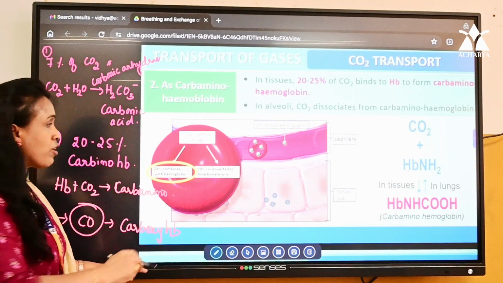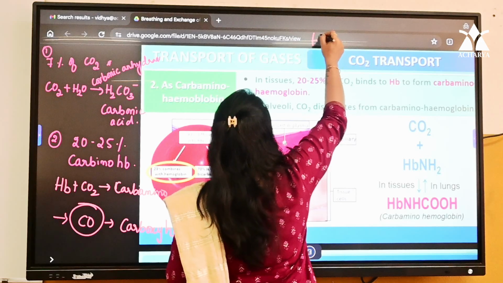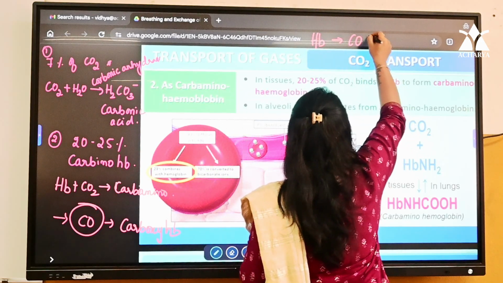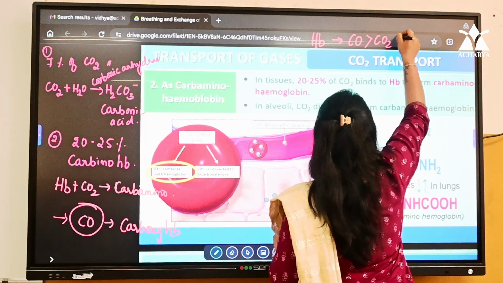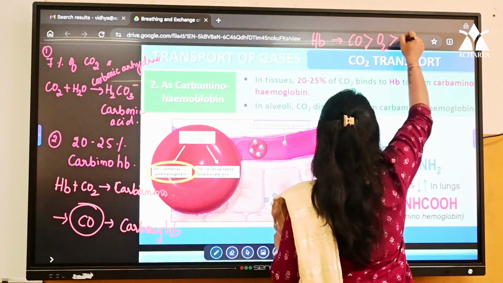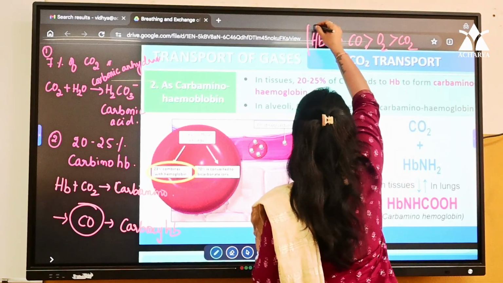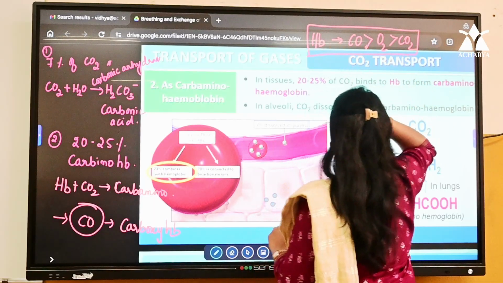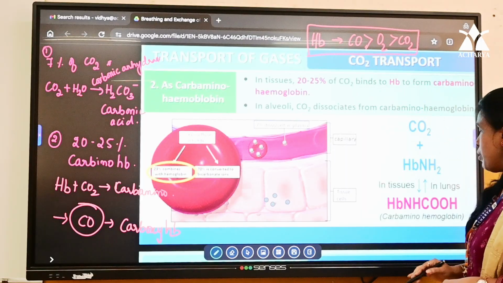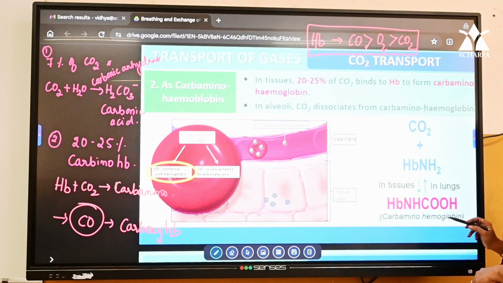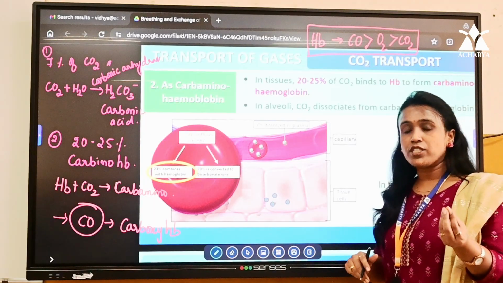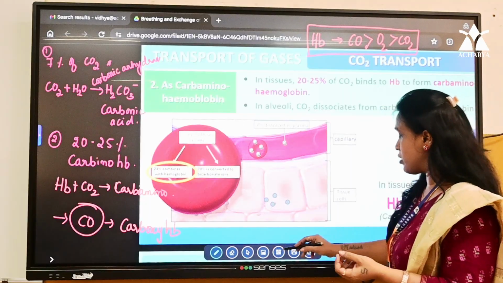The affinity of Hb is more for carbon monoxide, followed by oxygen, and followed by carbon dioxide. Carbaminohemoglobin is the conjugation of hemoglobin with carbon dioxide.